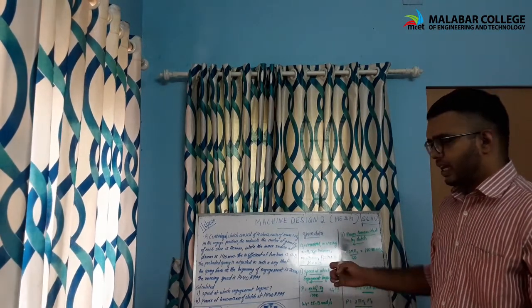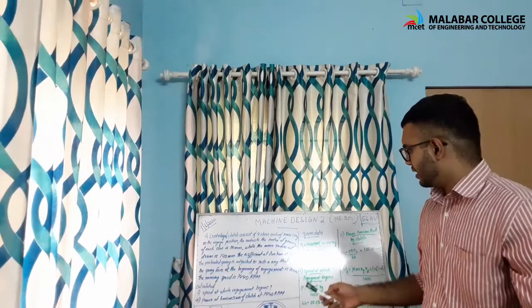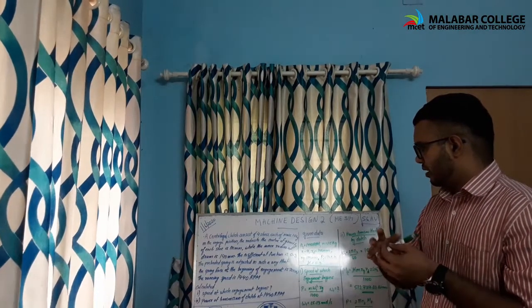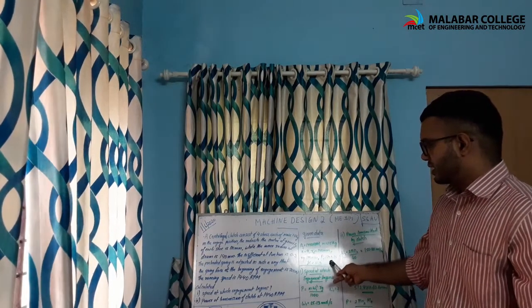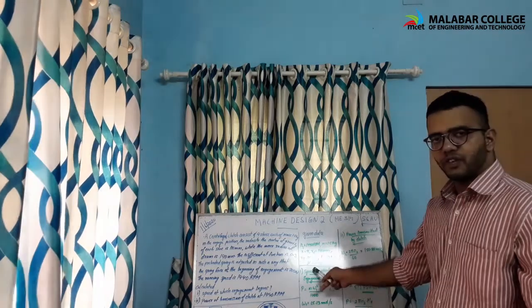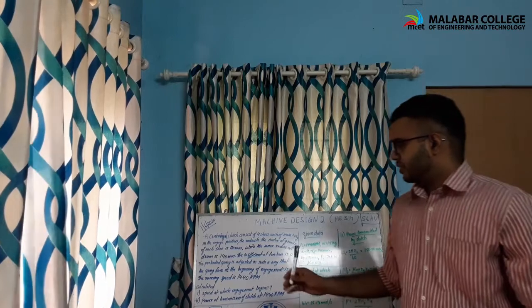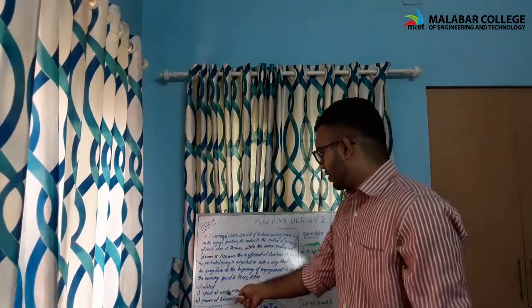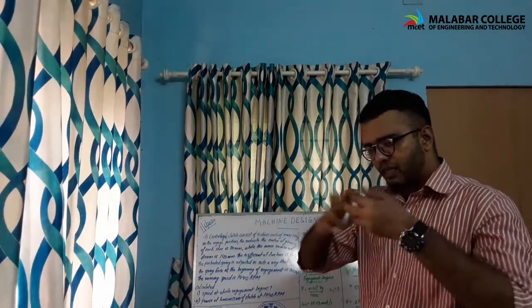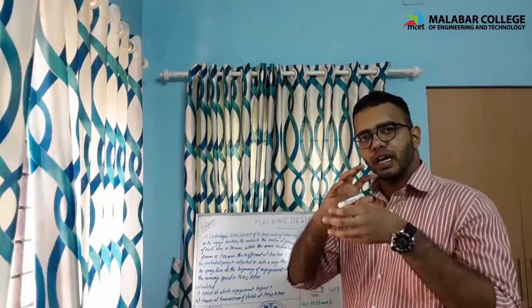The force at the beginning of engagement is 700 Newton, and the coefficient of friction mu is 0.3. We need to find the speed at which the engagement begins, at what rpm the engagement begins.